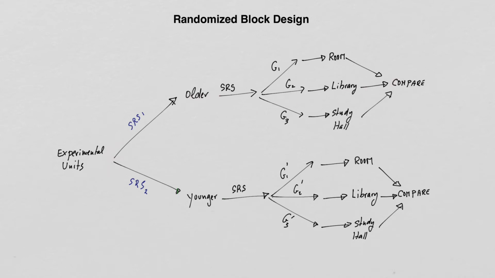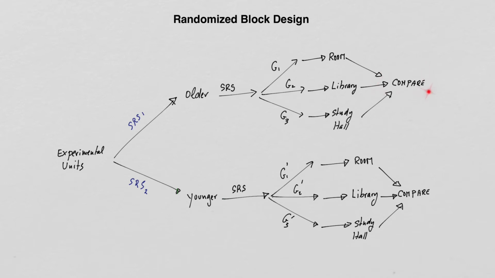Now, of course, you compare the students who studied in these particular areas, and you do the same thing for the other groups. I call them group 1 prime, group 2 prime, group 3 prime, okay? Now, what is important also is not to compare these two. In fact, if you had to compare these two, you shouldn't have split them in the first place.